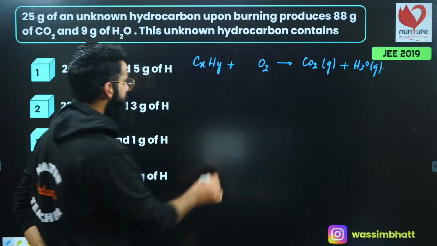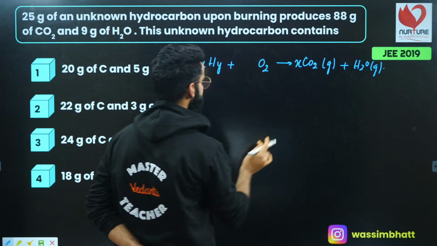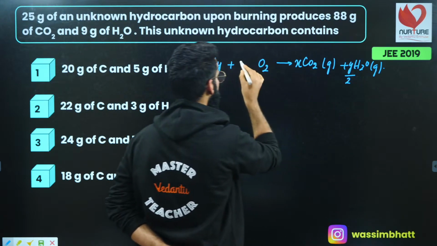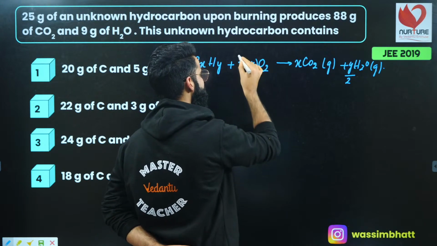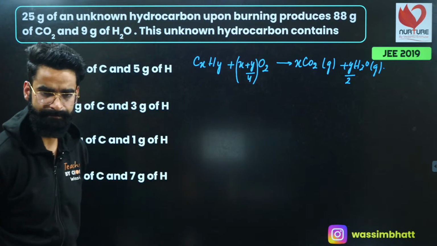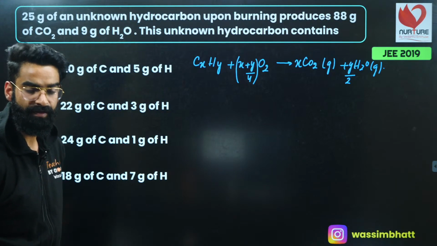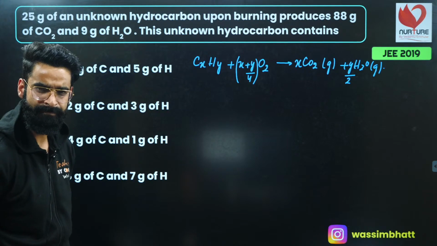Right here there is x. Stoichiometry coefficient of carbon dioxide will be x. Stoichiometry coefficient of water is going to be y divided by 2. Stoichiometry coefficient of oxygen is going to be simply x plus y divided by 4, right? This is the balanced chemical equation, and I've told you in detail how to balance this.